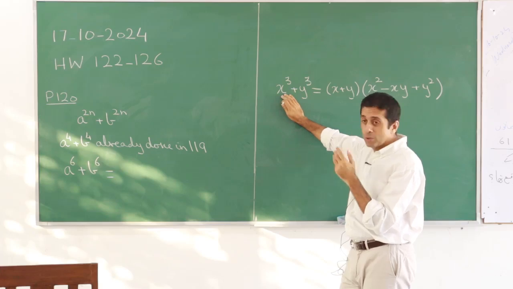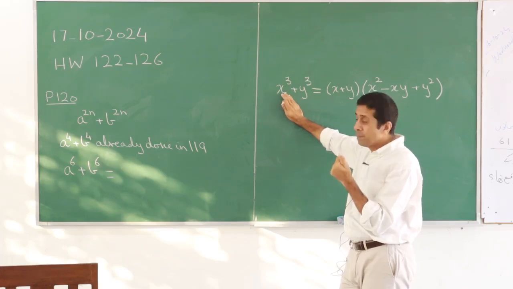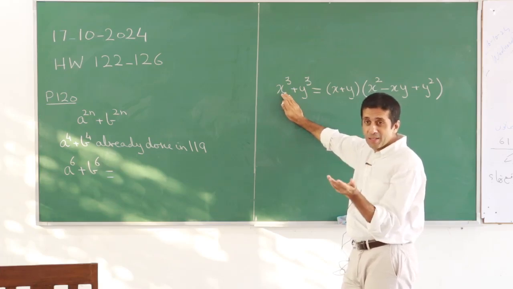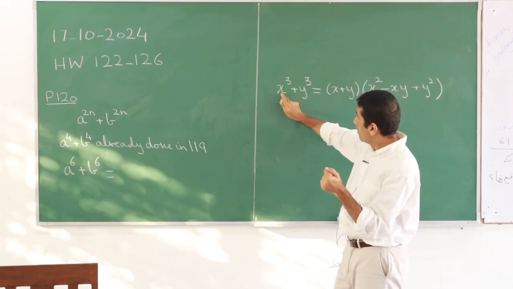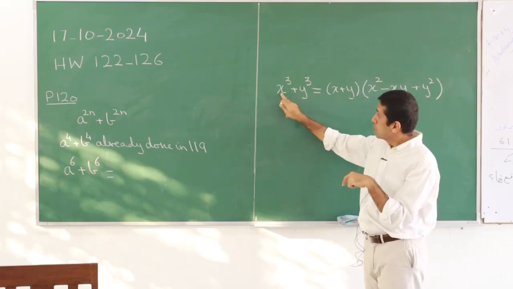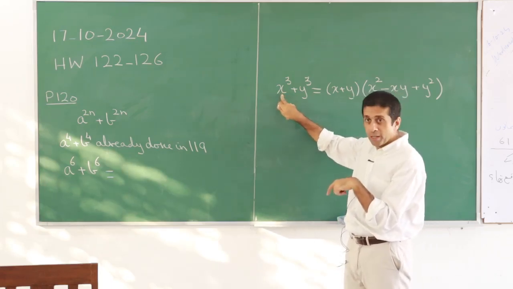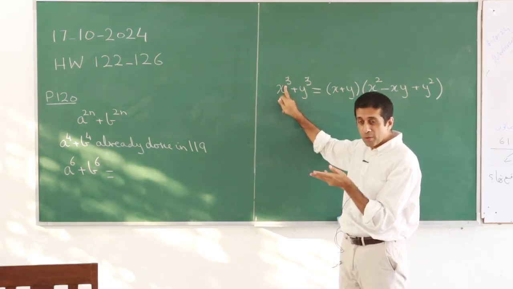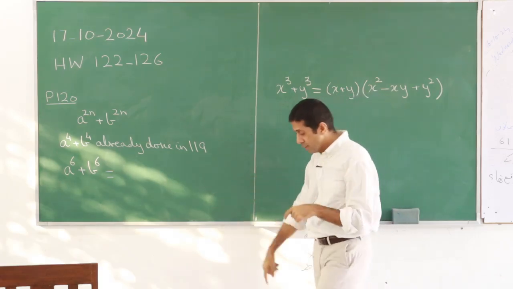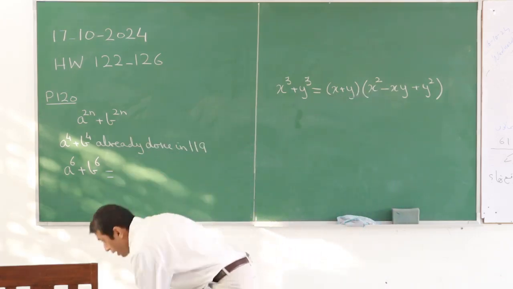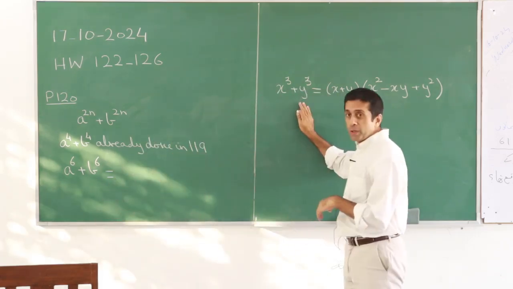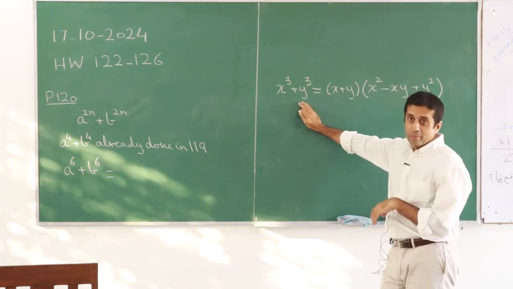If you replace x by a squared, then this is a squared raised to the power 3. What's a squared raised to the power 3? That's what you get over there. Similarly, if you replace y by b squared, what do you get?